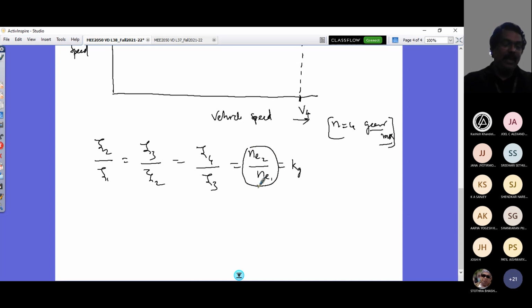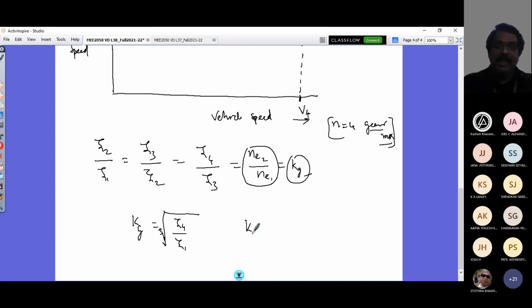So that is this constant ratio kg, and it can be expressed by the cube root, because there are 3 ratios here, cube root of zeta 4 by zeta 1. So the highest gear to the lowest gear ratio's cube root is what is going to give me this operating speed range of my engine for a 4-speed gearbox, right? Or I can also rewrite this for n speeds, like the 16-speed gearbox for a commercial vehicle, the same procedure can be extended.